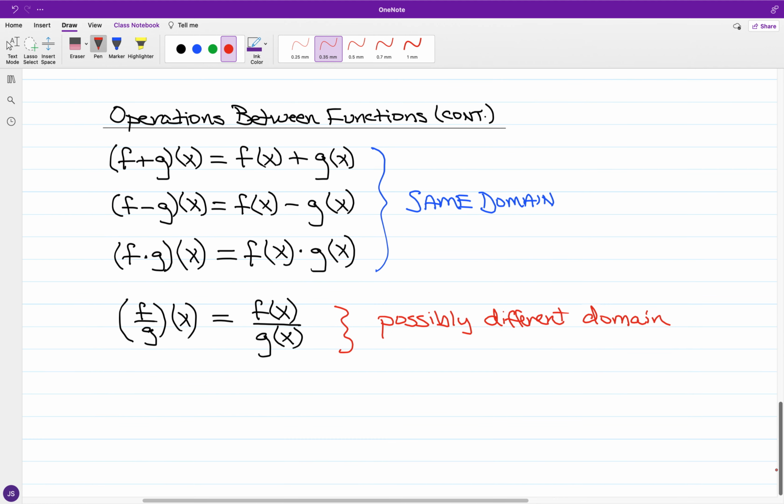I will say that, sort of tying in the concept of domain, let's say that we were to determine just the results of the sum, difference, product, and quotient functions and their domain.